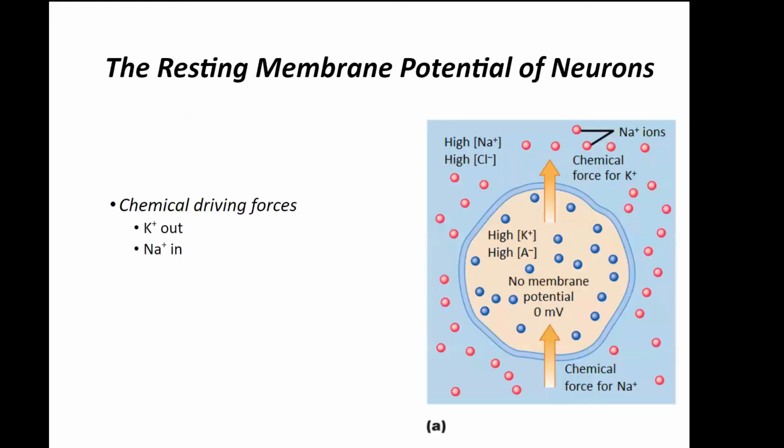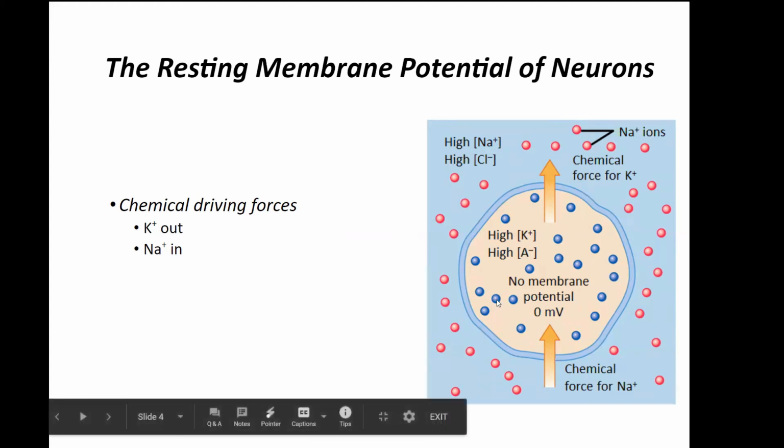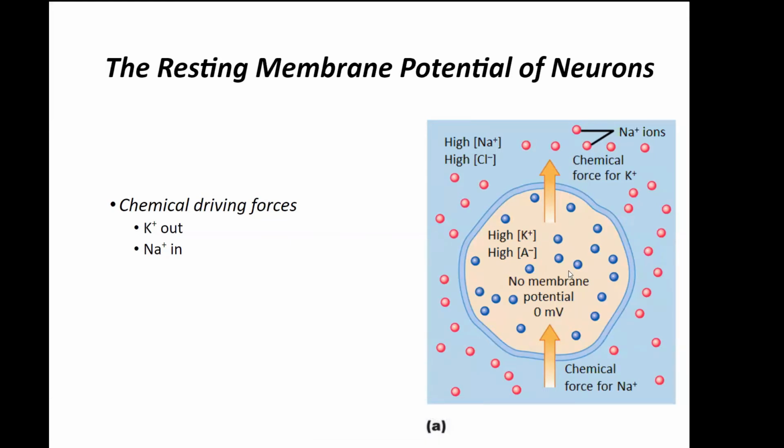Okay, so here are the pictures that explain what we're talking about in these polling questions. This has no membrane potential initially because this is showing us how we set up those chemical gradients. But our chemical driving forces, we can see from the relative concentrations here. So in this picture, we see that we have high potassium inside the cell.